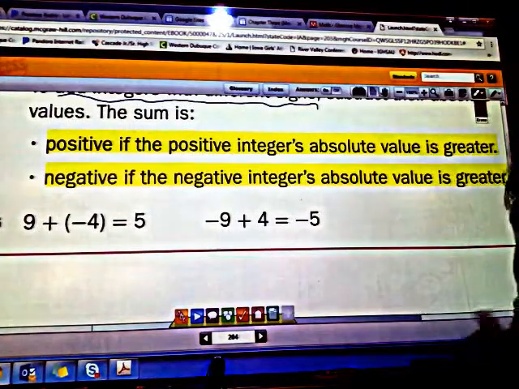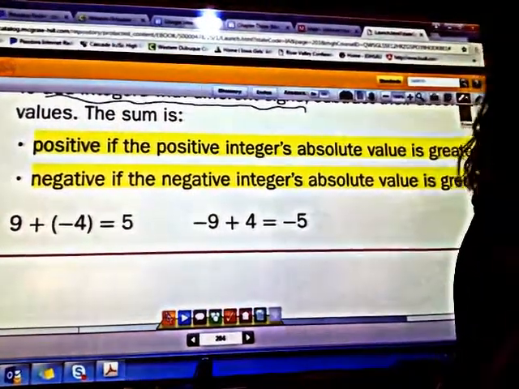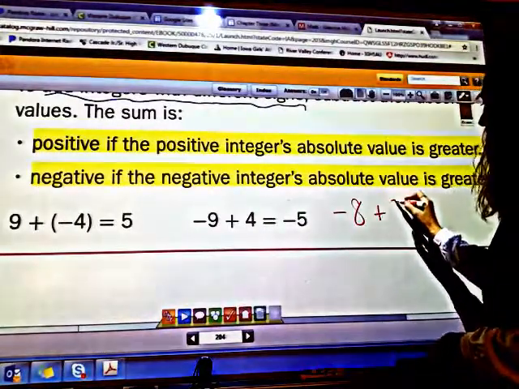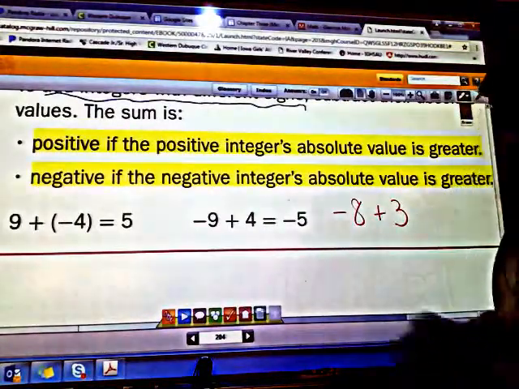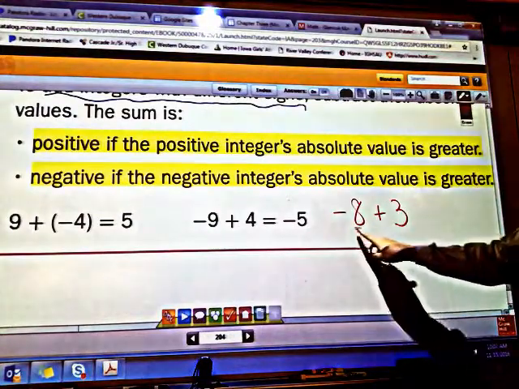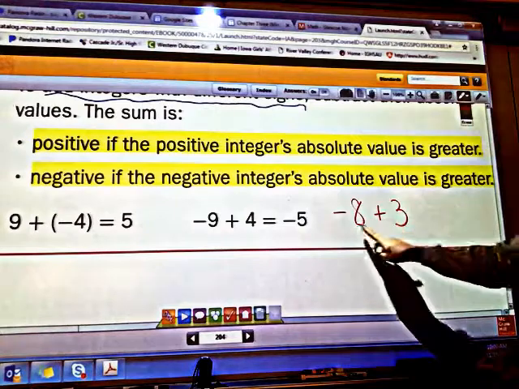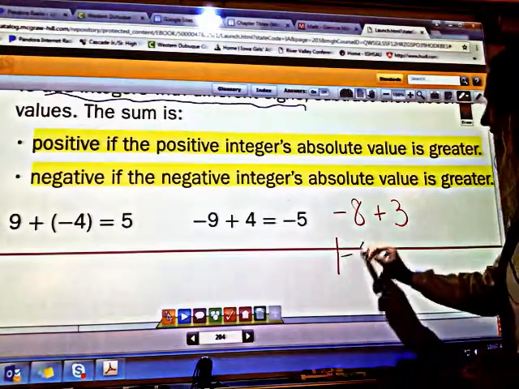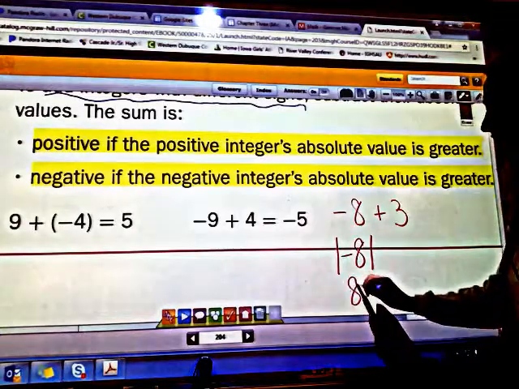For example, if I would add the integers negative 8 plus 3, I'm looking at both of my numbers. When I take a look at these, negative 8 is going to have the larger absolute value. So I'm thinking absolute value of negative 8 is actually 8.